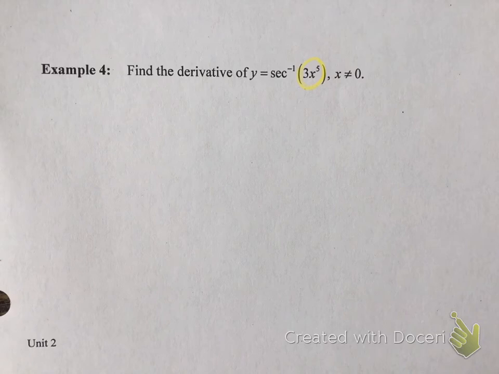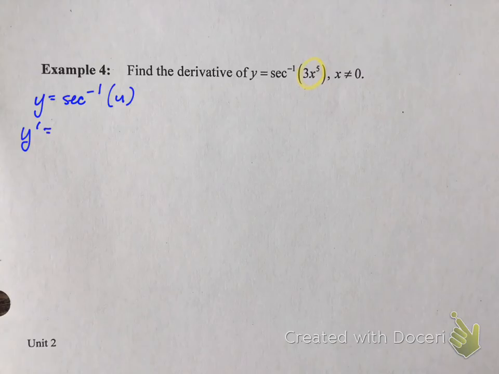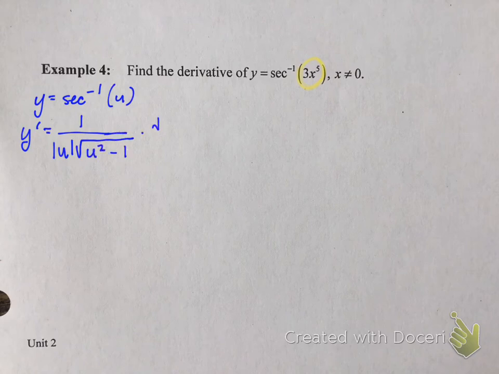If my original function is inverse secant of u, then my derivative is going to be 1 over the absolute value of u times the square root of u squared minus 1, times du dx.